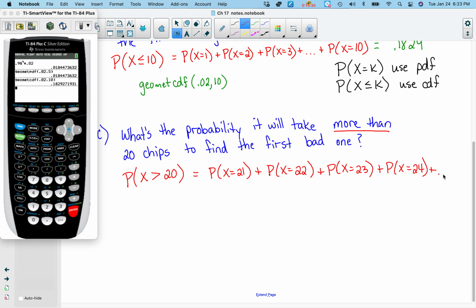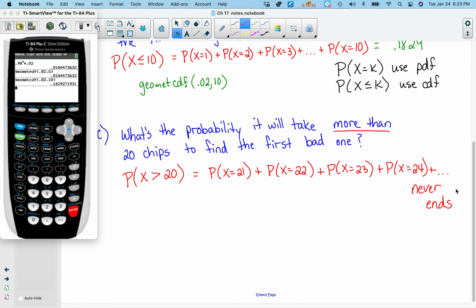Or... And the question is, where do you stop? Well, that's one thing about the geometric distribution, theoretically it could go on forever, because maybe it takes the 100th trial before we find the first bad one. So we have this idea that it could keep going, it never ends. But we need an answer, and there is an answer.